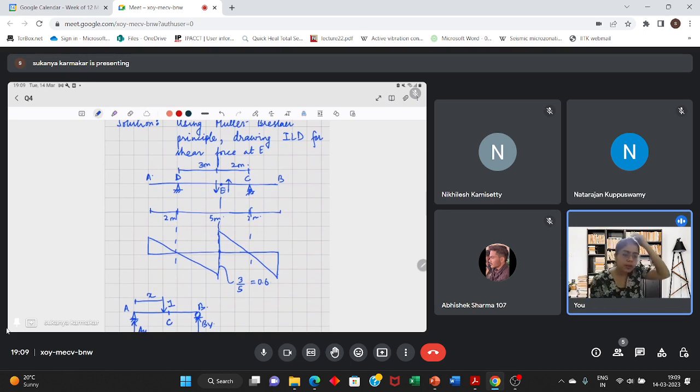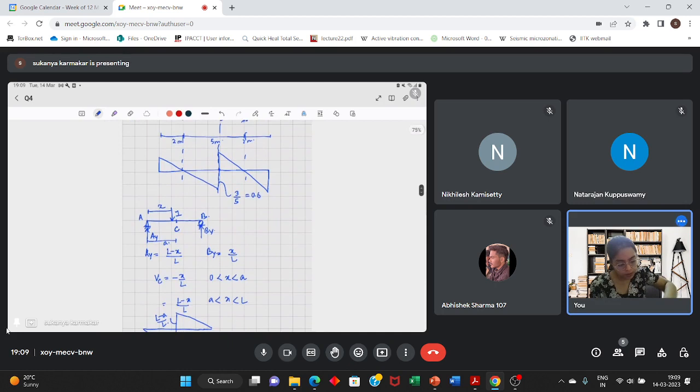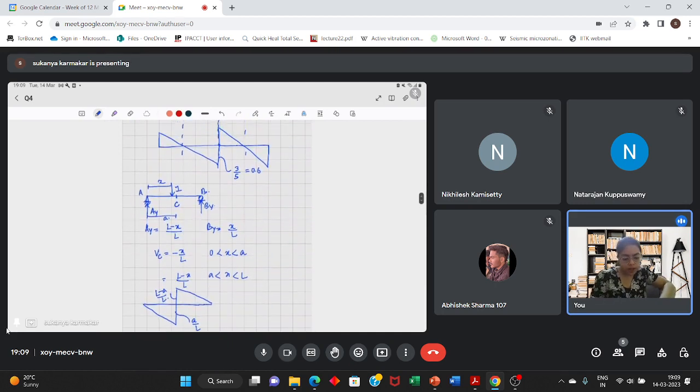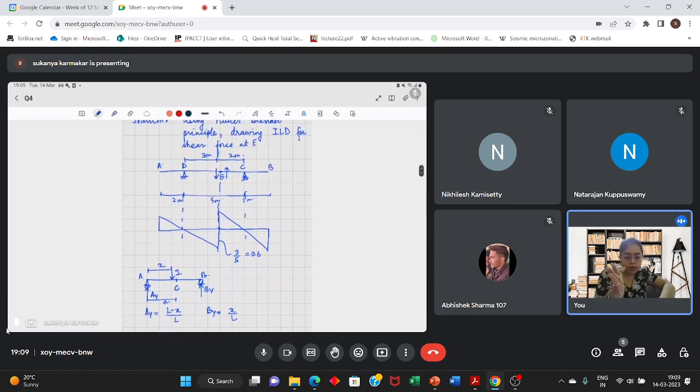Is this number clear? Please draw analogy between these two cases. Here it is A by L, where A is this portion from the pin support up to C. So here from pin support, that is D, till up to E, it is 3 meters, divided by the entire length of the beam between D and C. So it is 3 by 5.